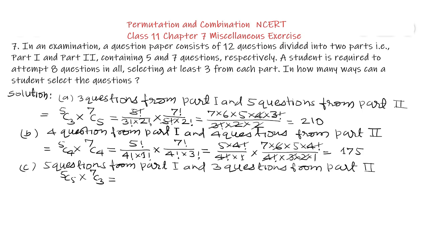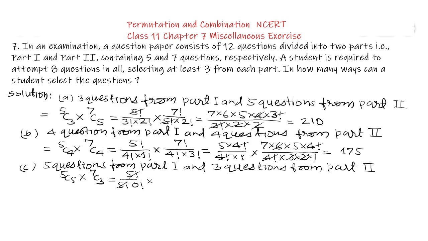This is equal to 5C5 is 5 factorial upon 5 factorial into 0 factorial. So we cancel 5 factorial by 5 factorial. This comes out to be equal to 1.